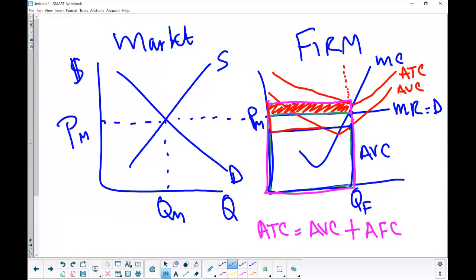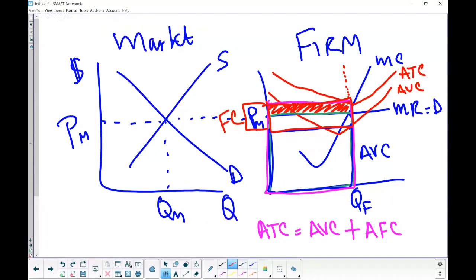AFC is here. So part of our AFC was covered, not all of it. So our fixed costs have not been covered. This gap here is our fixed cost, and only some of the fixed costs have been covered.